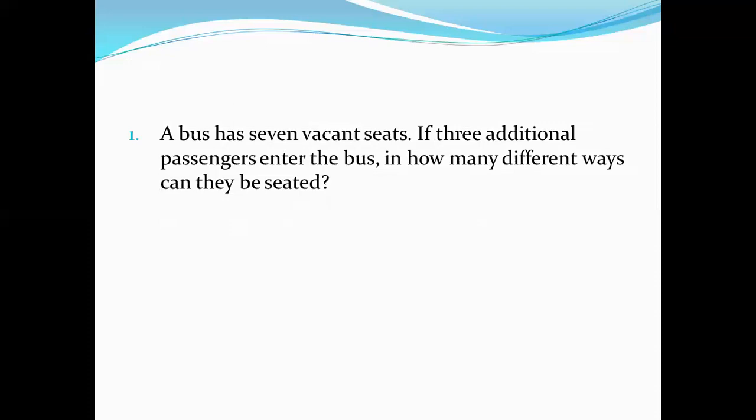So this problem now, we have 3 additional passengers and you have 7 vacant seats. Usually sa permutation, once you have identified the 2 numbers in the problem, the larger number will be your n, and then the smaller number will be your r. Okay? So that's 7 permutation 3.